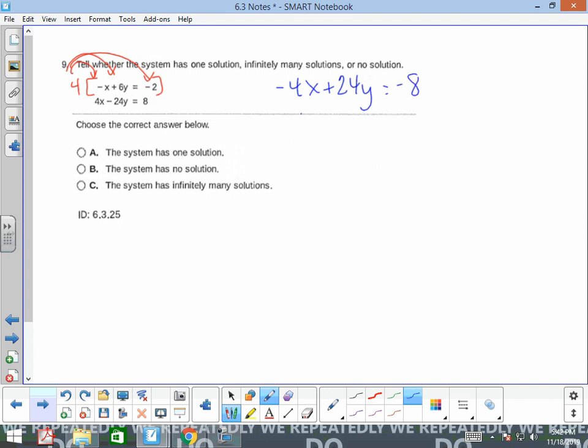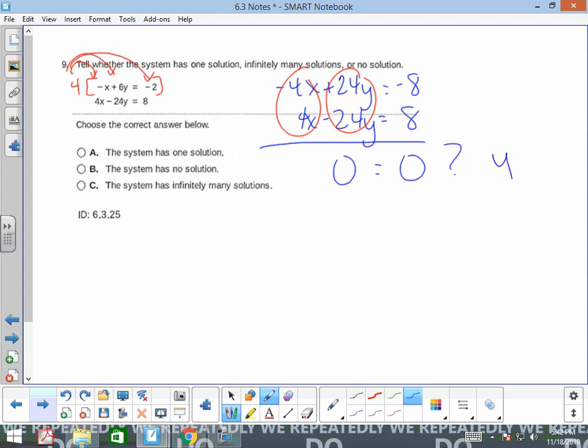On the bottom, I'm just going to leave it. Some of you are probably already noticing what's going to happen. 0 plus 0, that is 0, equals 0. Yes, 0 does equal 0, so this is infinitely many solutions. And that is the elimination method, my friends.